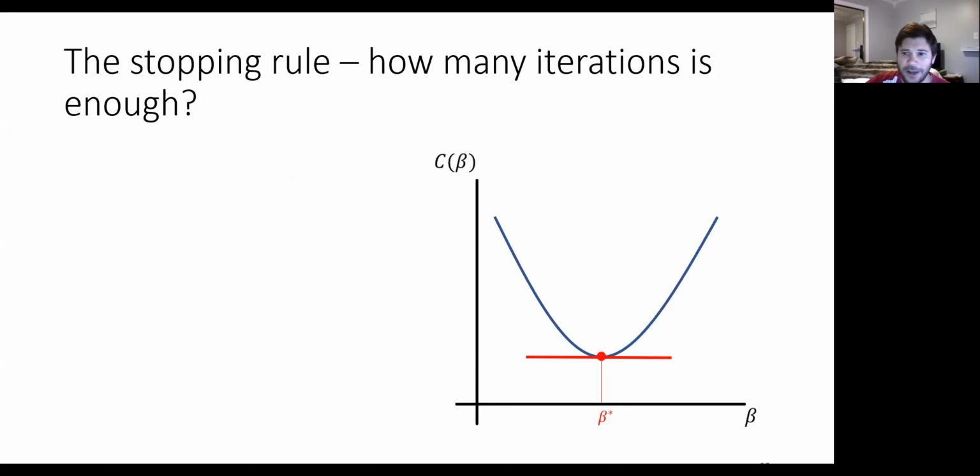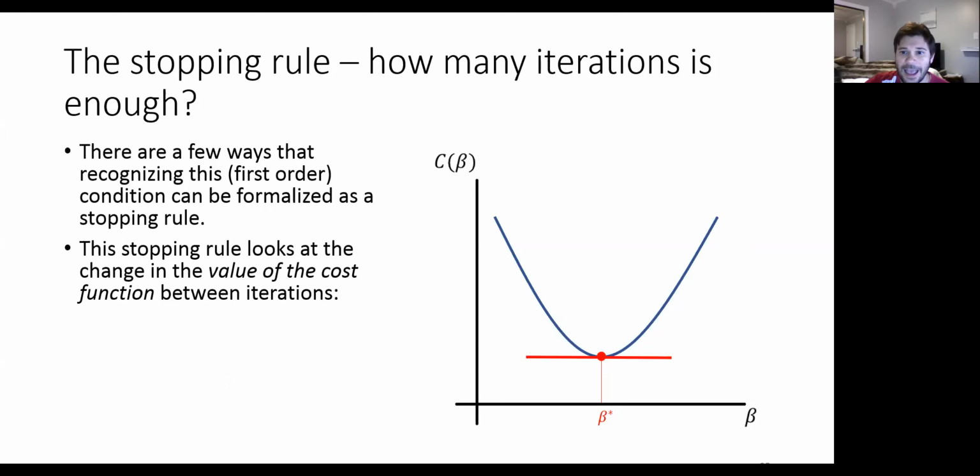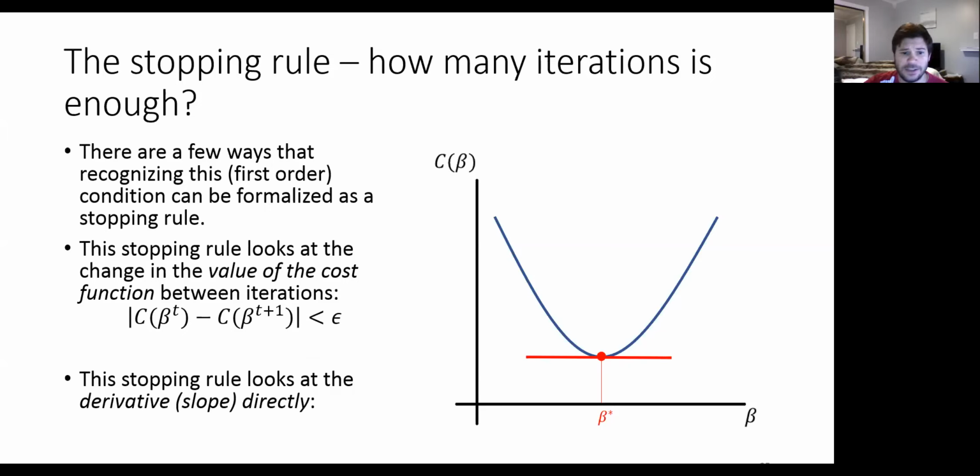So we could formalize this first order condition by looking at a stopping rule where either the value of the cost function doesn't change that much between iterations, or where the slope is sufficiently small, if the magnitude of that derivative is close enough to zero, then we can go ahead and stop.